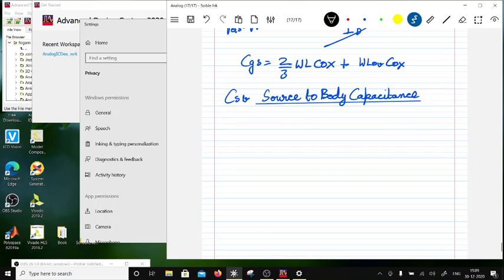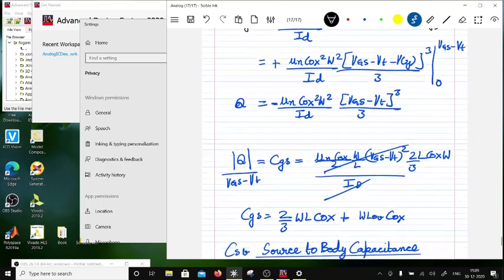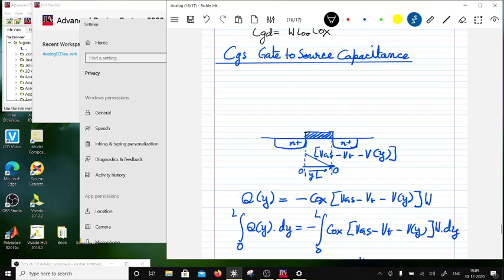So I can write here CSB is equal to CSB0, okay, and this is area wise, divided by root of 1 plus phi 0 by VSB times of the area, which is AJS plus WL, because the channel is connected to the source, plus there will be a fringing capacitance CB0P, and this will be again same 1 plus phi 0 by VSB times of PJS, which is the periphery of the wall which is common to the source and the gate.